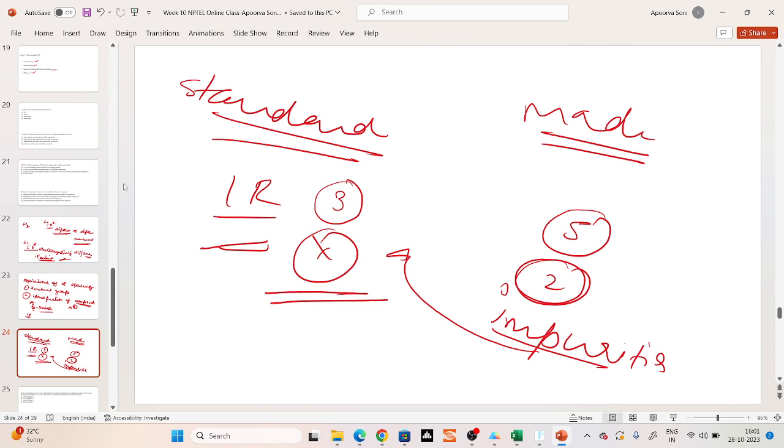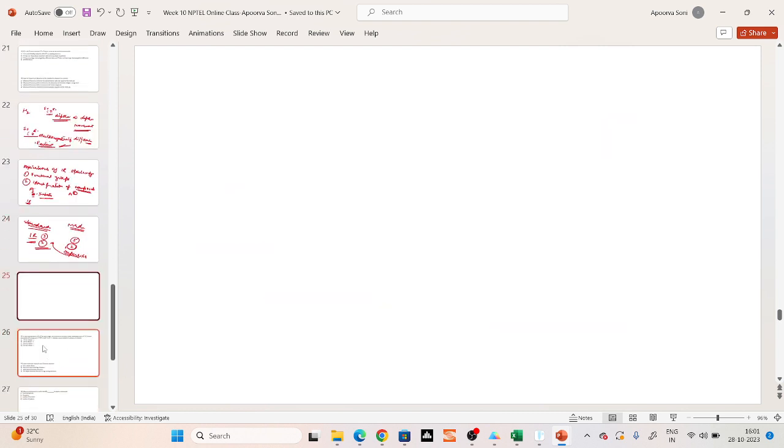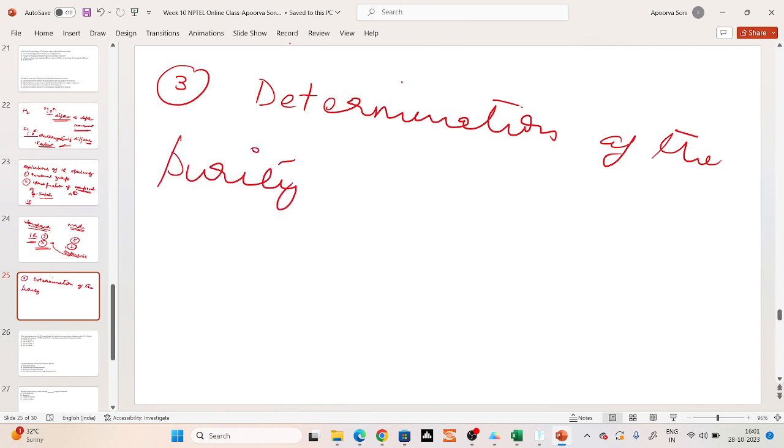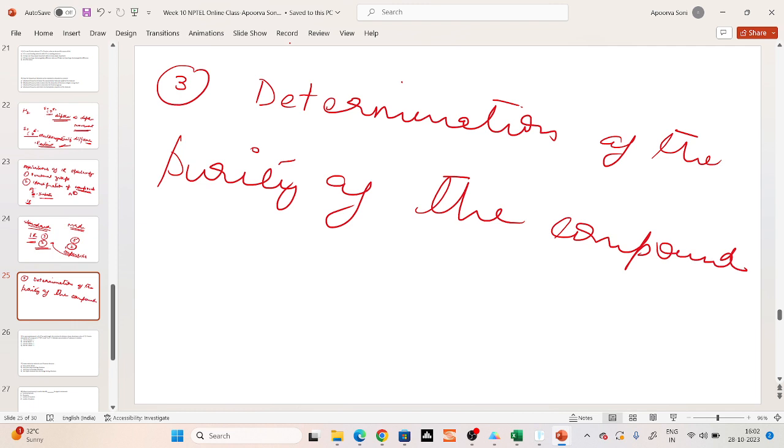So the third thing that we can do with the help of infrared spectroscopy is determination of the purity of the compound.